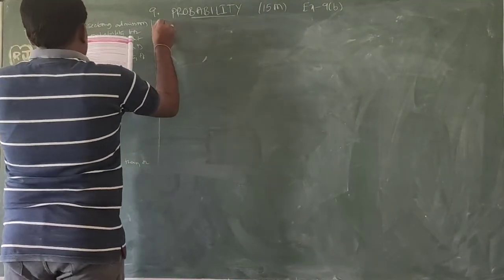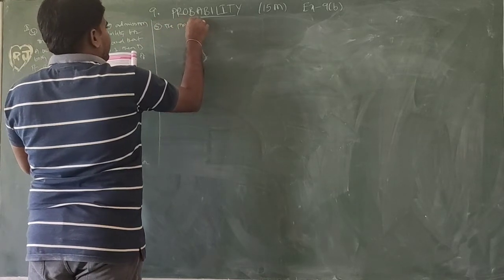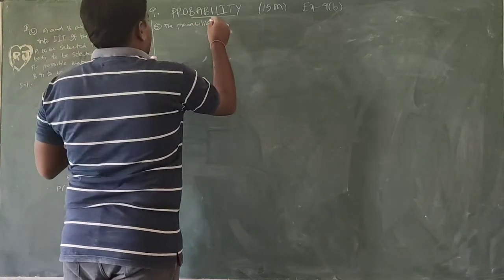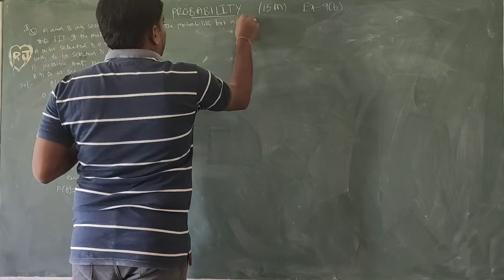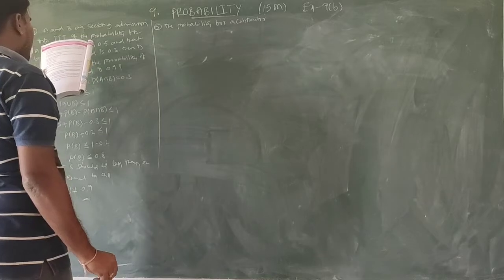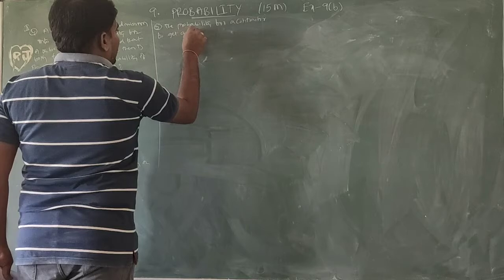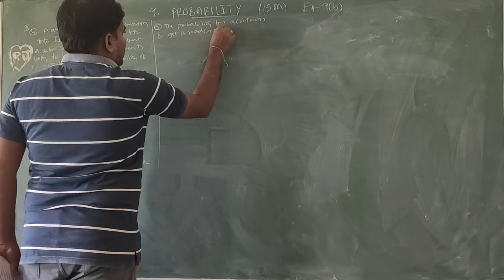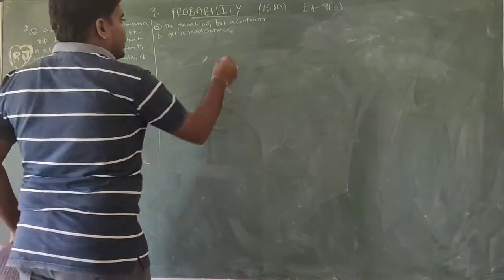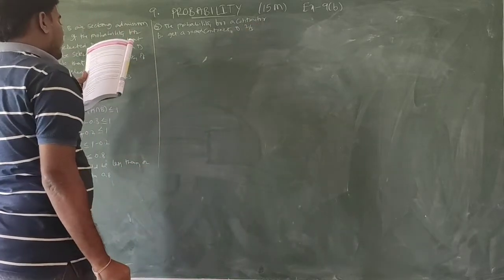Question number 5. The probability for a contractor to get a road contract is 2 by 3.